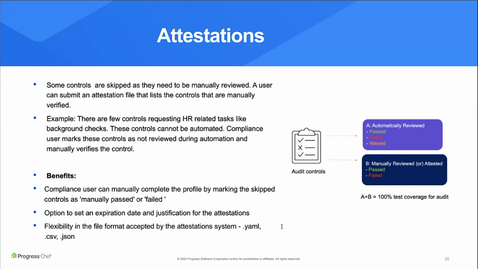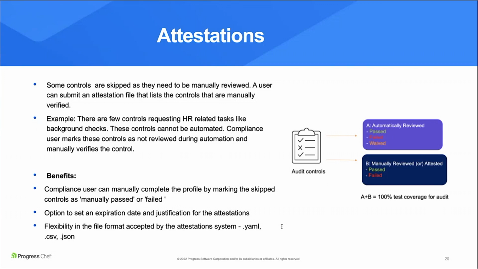With respect to attestations, one of the key metrics or key goals for compliance users or admins is test coverage for a particular audit. Let's say you're a compliance user and you have to do ISO, NIST or FedRAMP related compliance. There are controls in these benchmarks which cannot be automated and need manual intervention.